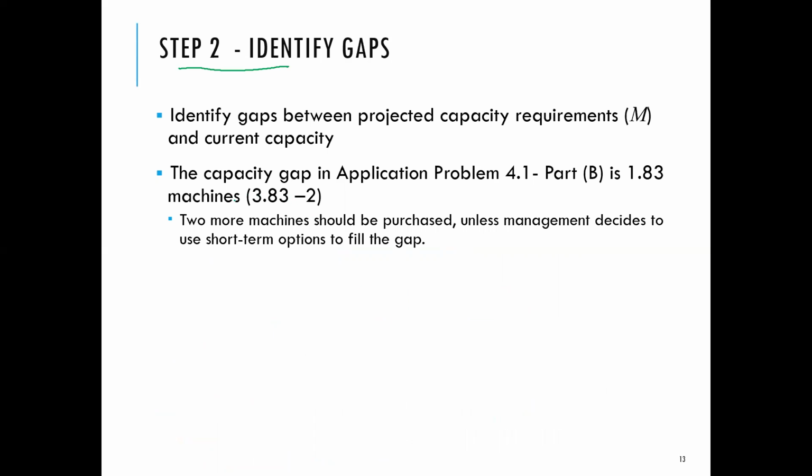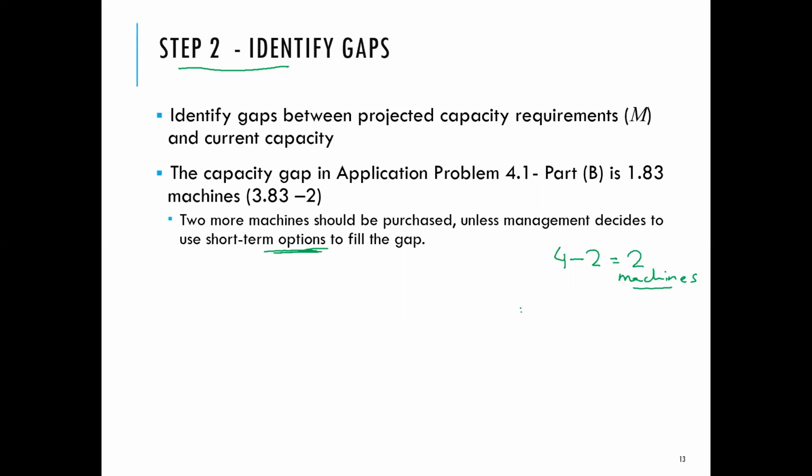Which is pretty straightforward. If we need 4 machines and we have 2 already, we need to buy 2 new machines. So 2 more machines should be purchased unless management decides to use short-term options to fill the gap, which I would not recommend. In essence, you need 2 machines.